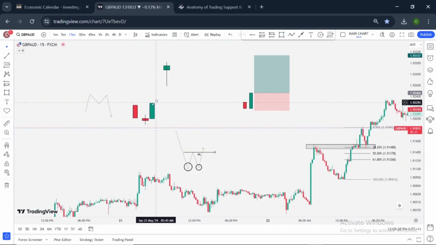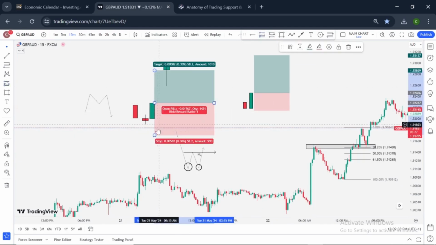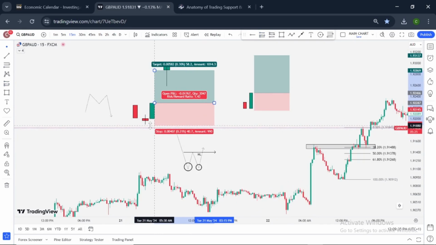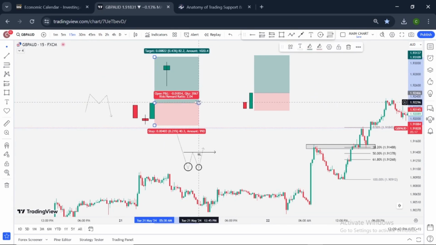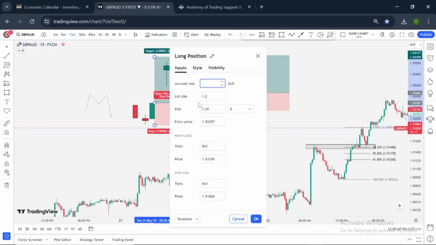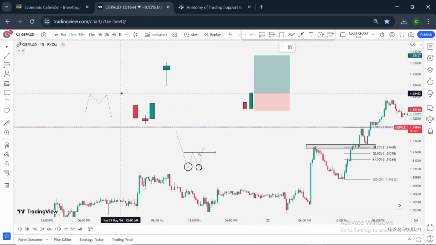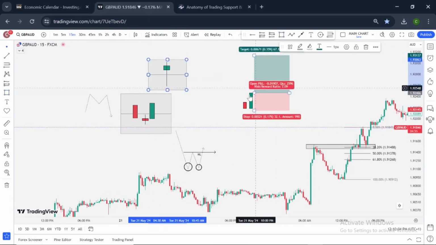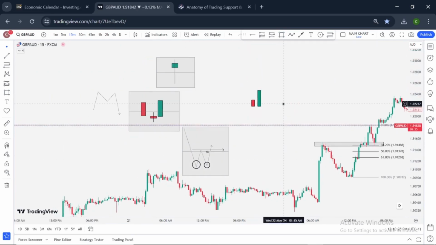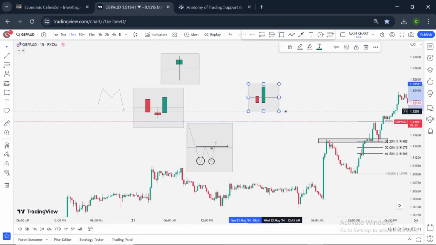Once we identify this, at the close of this candle we go long, we open our buy position with our stop loss below the candles, and we'll do the same thing, 1 to 2 R. So these are the confirmations that we look out for, either morning star or hammer or double bottom or engulfing candle. So any of these.